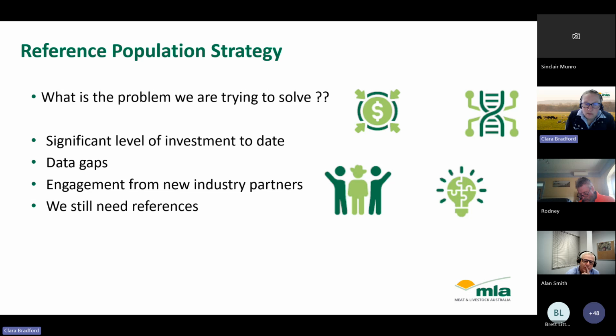If it's too fragmented, we can lose the data integrity, which means that we still need to have our genetic evaluations underpinned by reference populations, and also ensure that that's done in a coordinated model in the way it's developed and delivered. And so when we drill down with the NLGC, these key themes came up that really are integral to how we move forward and build new models moving forward to address some of those challenges.